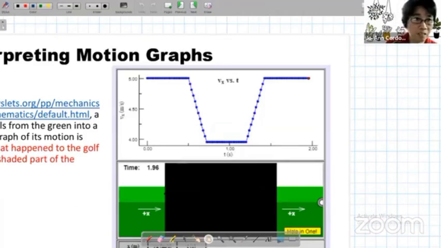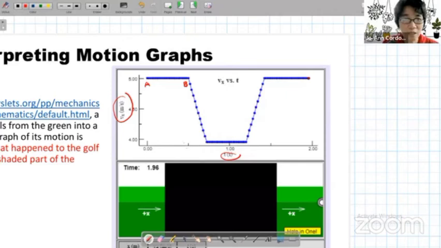And what is happening is, ito yung velocity, ito yung time, and then what you will notice please is from point A to B, katulad ng graph natin kanina, the golf ball has a constant velocity.